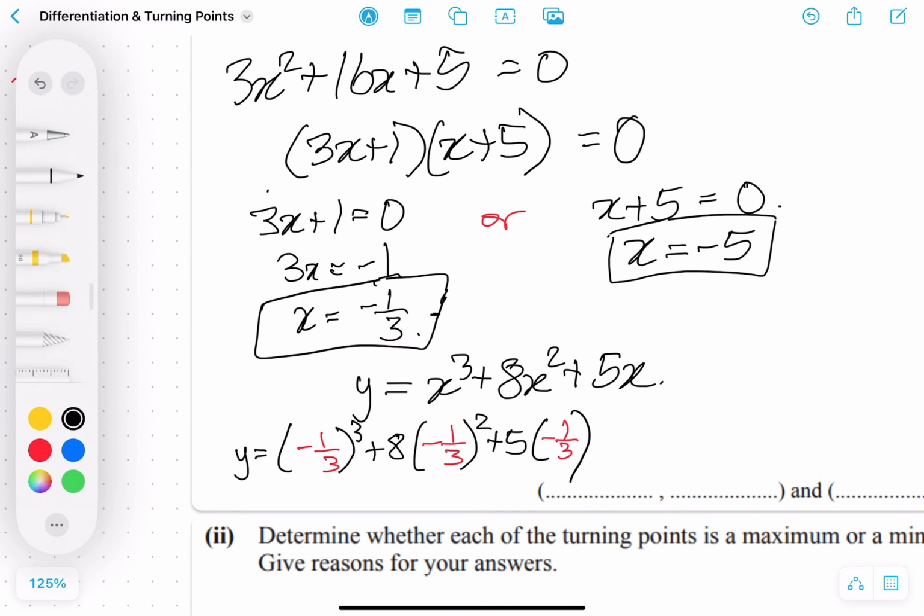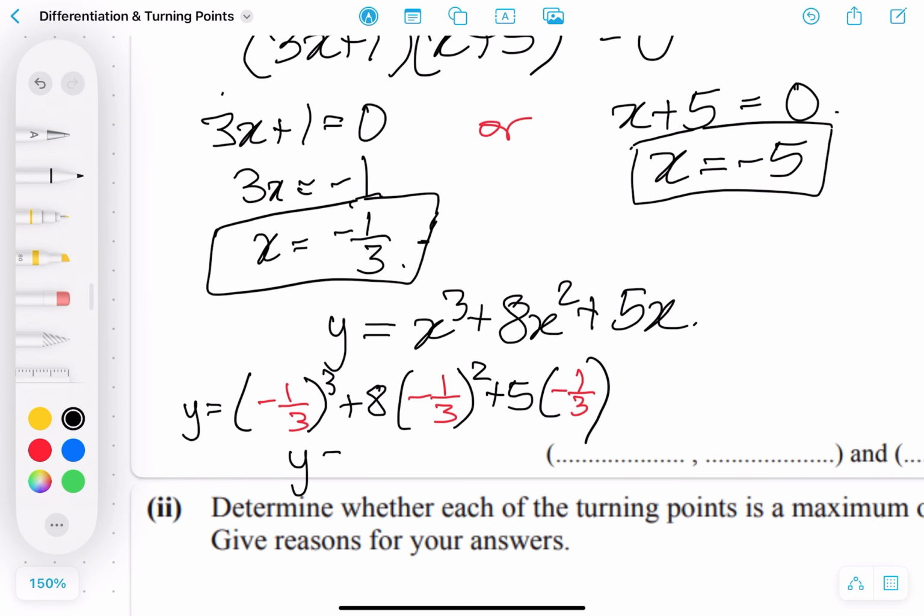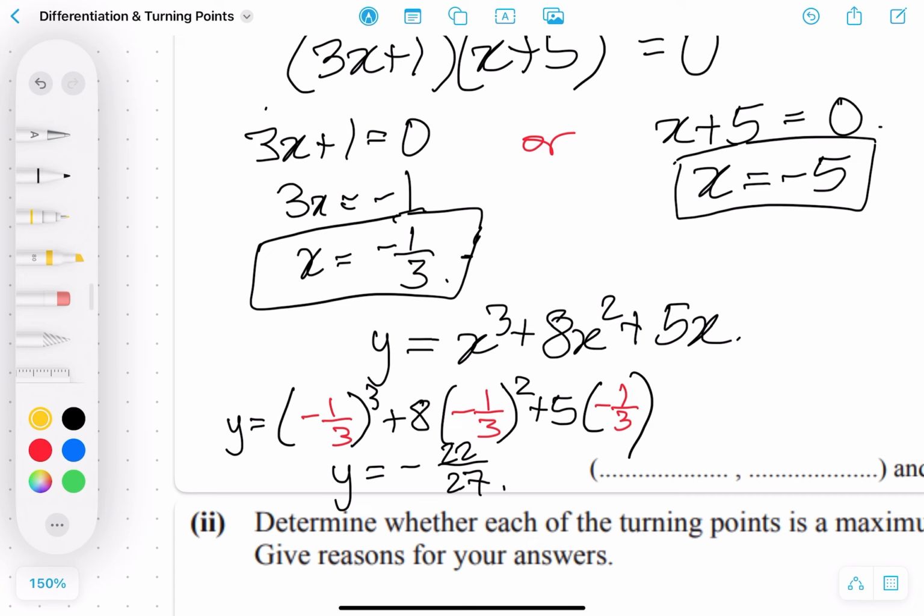And then if you evaluate this, putting into the calculator, you'll get that y is equal to negative 22 over 27. So therefore, now we have found the first coordinate pair.